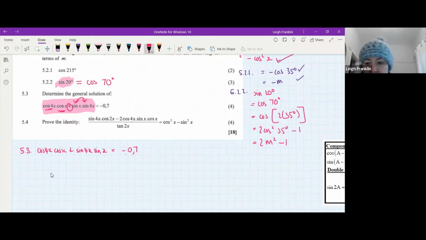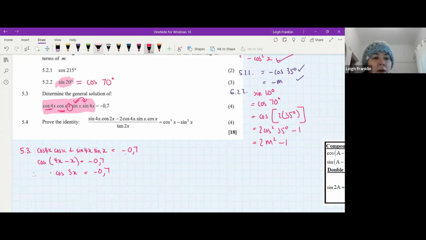Remember, in this particular case, it's going to end up being cos of 4x minus x, not plus, equal to negative 0,7. And thus cos 3x is negative 0,7.